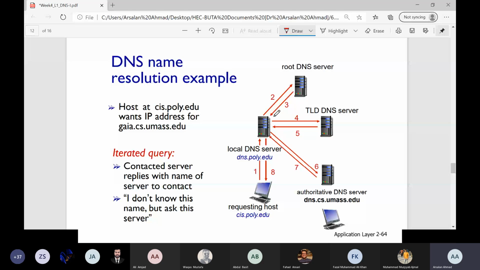It caches this reply, the tld.edu IP address. Then it contacted the TLD, and the TLD replied with the authoritative name server of UMass. Let me put that entry as well over here.